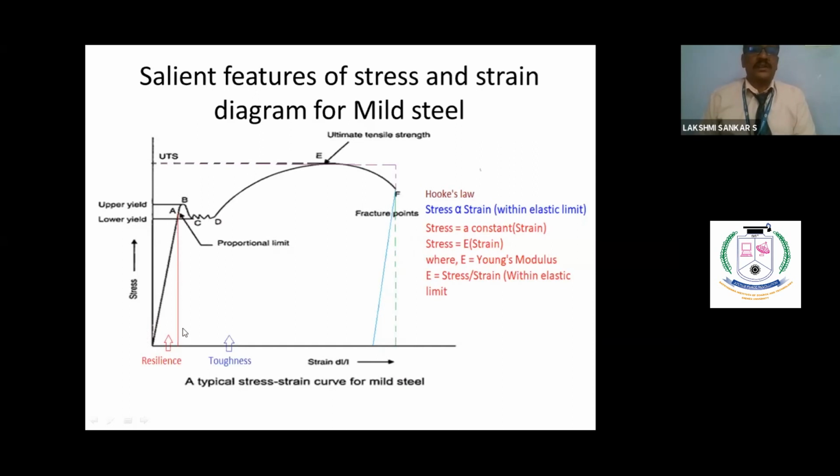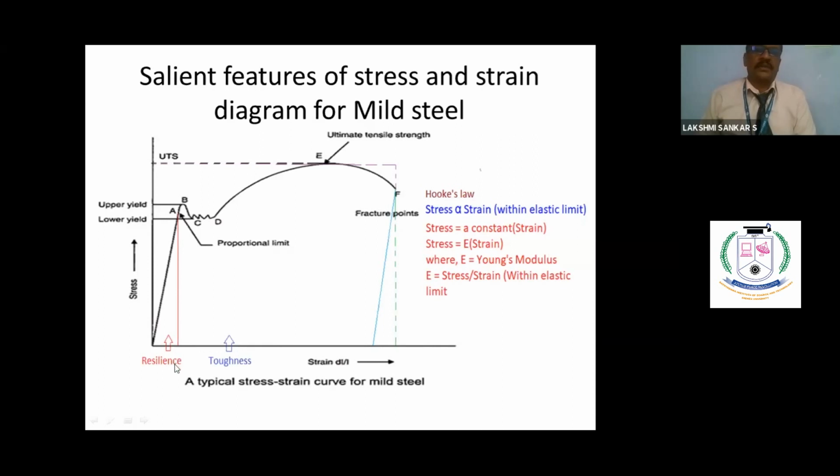Whatever the strain energy was accumulating in this particular region is being given out at this stage. Whatever strain energy the material stored and accumulated within elastic limit is being liberated. Because of that, the actual strain value comes down a little bit. This is not mentioned in some of the textbooks. So it is a very valid point to note.